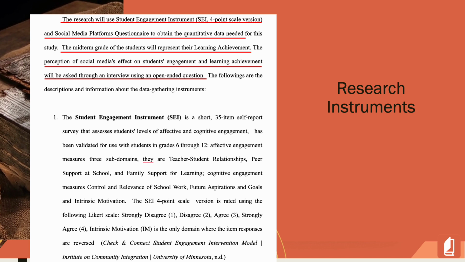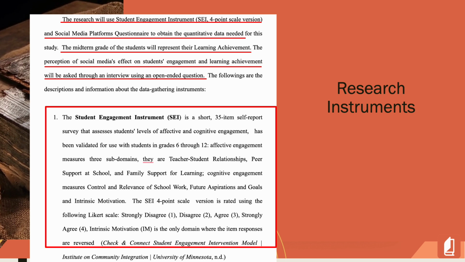This is an example wherein the researcher is aligning the instrument with the research problem. Part of this example is the discussion of questionnaire 1. The researcher explained and described the research instruments, including the scale to be used.